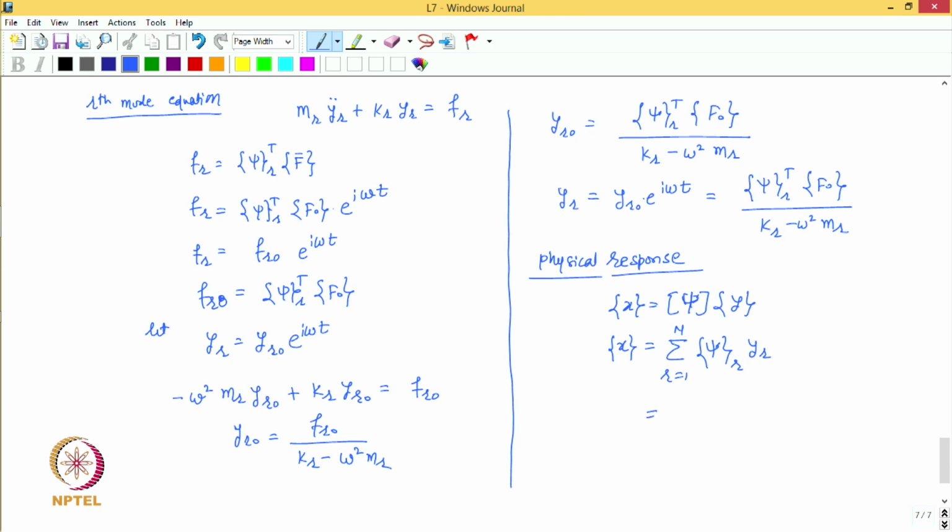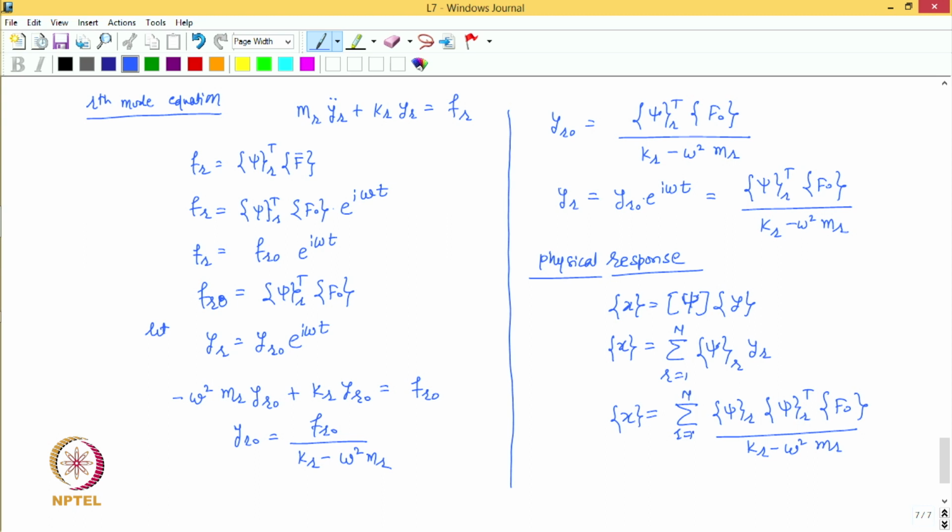If we substitute the equation for yr, then we get psi r yr as psi r transpose f naught upon kr minus omega square mr, with r varying from 1 to n.